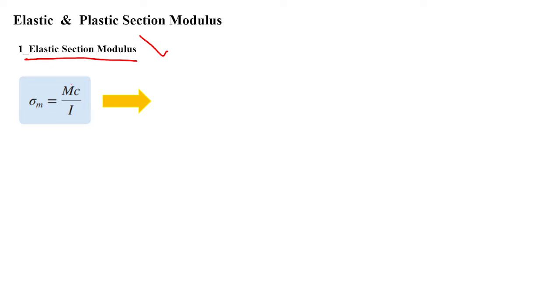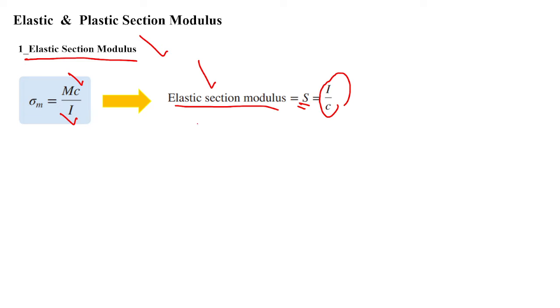Let's go with the elastic domain. Sigma maximum due to bending is bending moment M times distance c over I, the moment of inertia. If we define I over c by a parameter like capital S and call that the elastic section modulus, we can rewrite the bending stress equation.